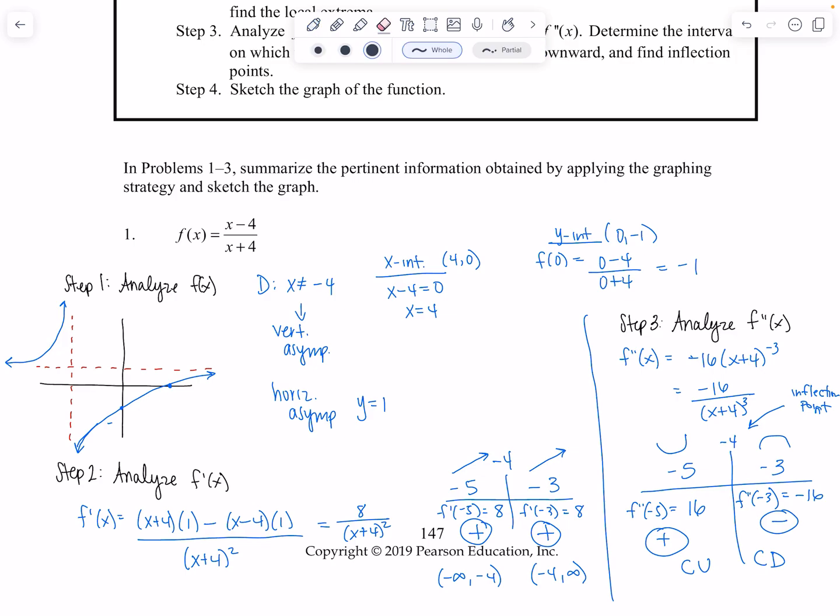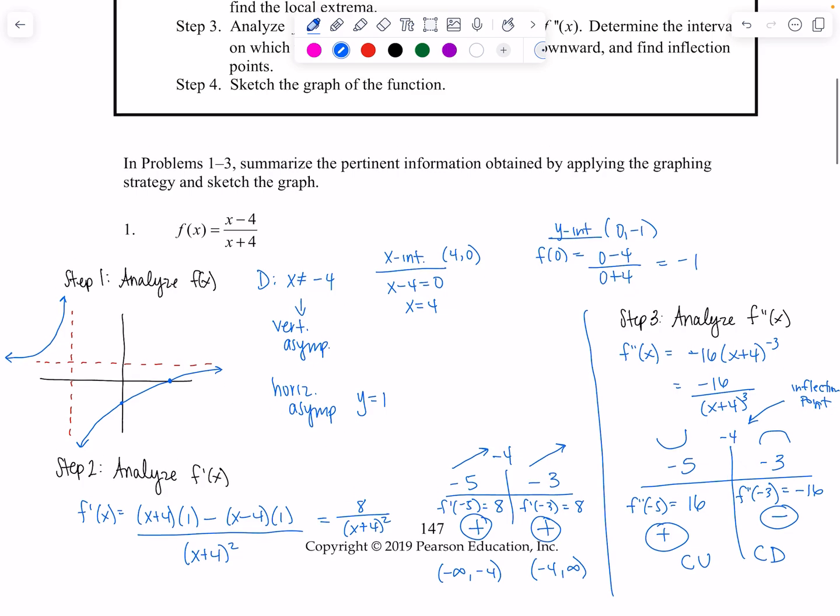I could probably make this side better. Okay. And basically we're putting all of our information together to create our graphs.